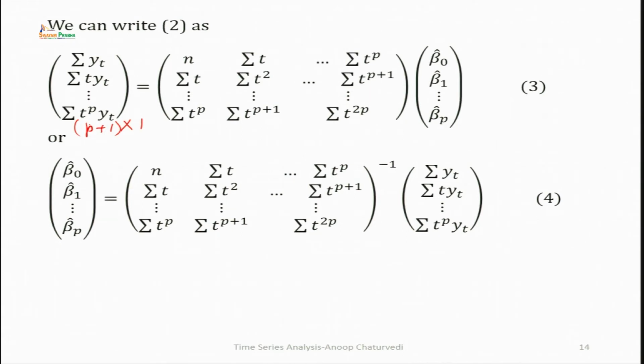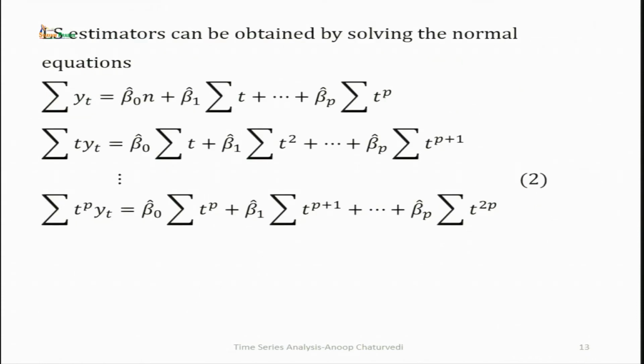Just to check, the first element, summation y t, is equal to n times beta naught hat plus beta 1 hat into summation t plus beta p hat into summation t to the power p. Now, this gives you the first equation.